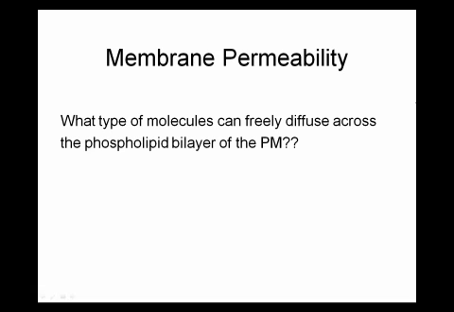Now we have to think just a little bit. What types of molecules can freely diffuse across the phospholipid bilayer of the plasma membrane? So we have to remember the structure of that bilayer and the nature of the phospholipid and the phospholipid bilayer.